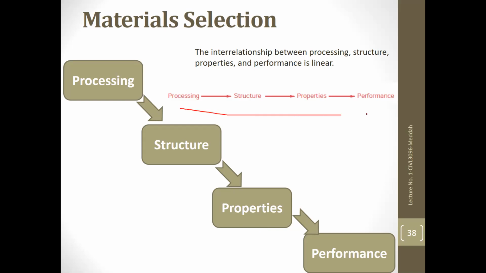So all these three or four criteria, of course, performance is at the end of how this material will perform overall in the usage that it has been used for.